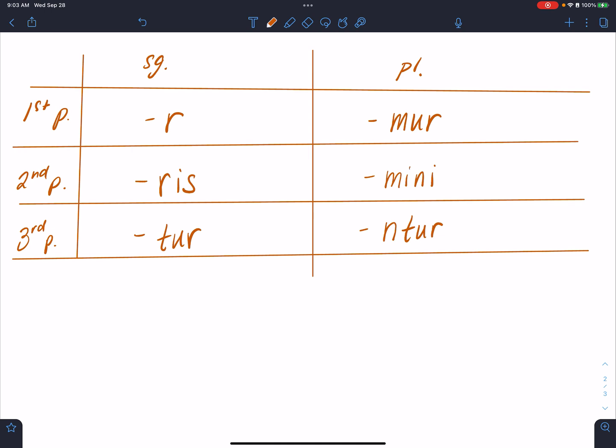Now, the way that I'll teach you to remember these endings in the order in which they go is a little weird, but you'll get used to it.